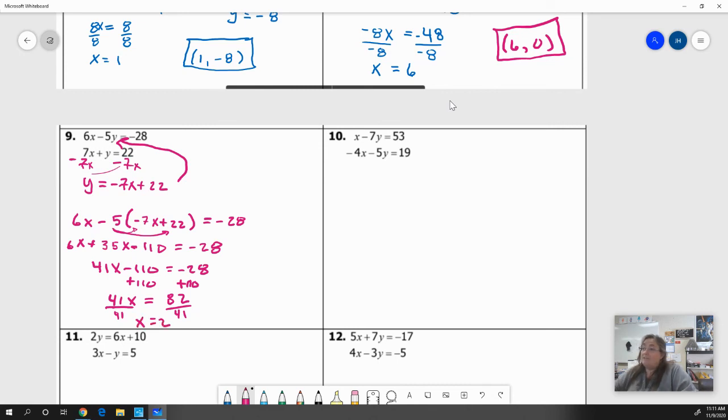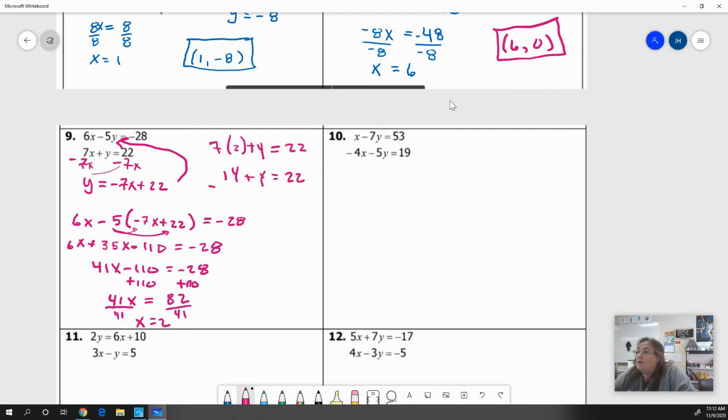So we've got our x value, which makes things really nice now, right? And we're going to plug it into our original equation, which is 7x plus y equals 22. So 7 times 2 plus y, which we don't know yet, equals 22. And we only have to solve it for y. So I have 14 here plus y equals 22.